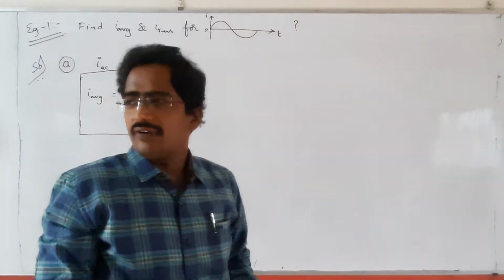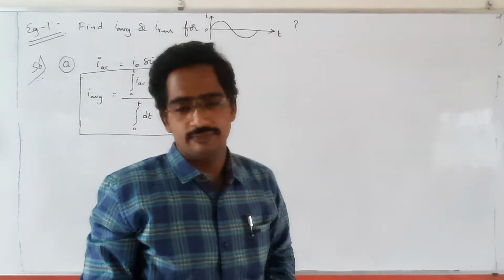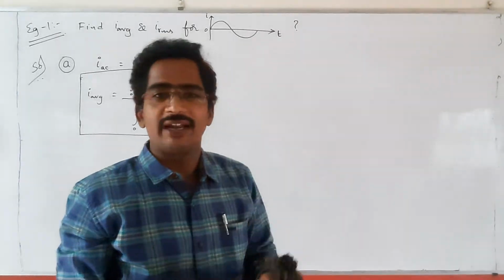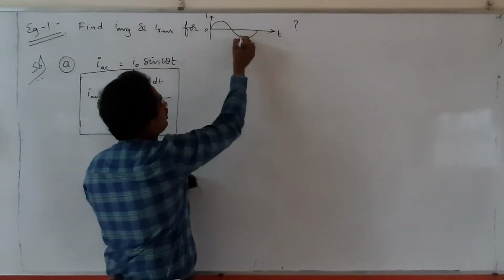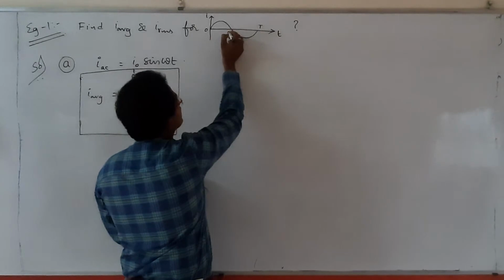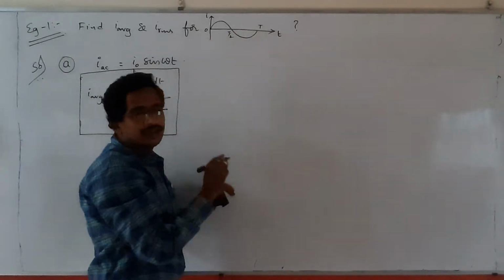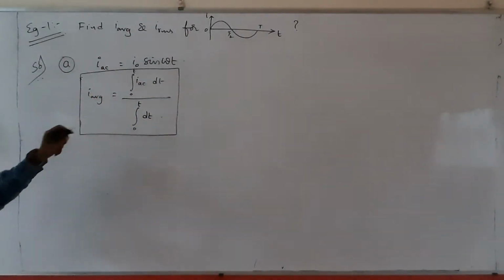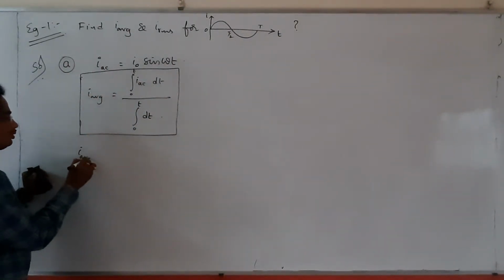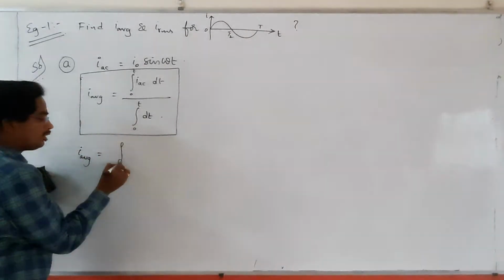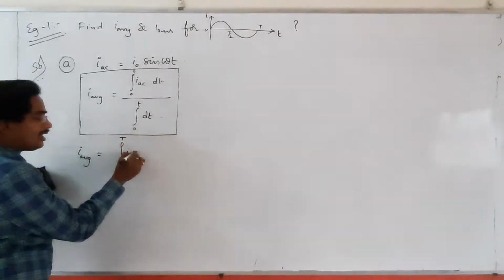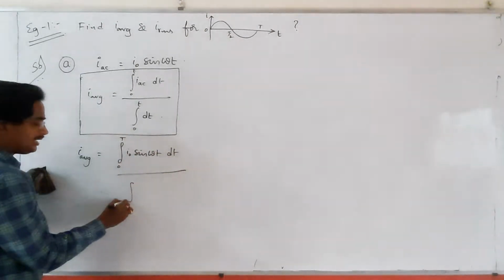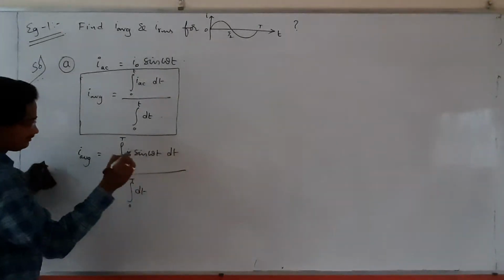Already I told you, for the production of one cycle of AC, whatever the time taken is called time period. So its total production time is T. Now if you apply that equation here, I average is equal to integral 0 to capital T I naught sin omega t dt divided by integral 0 to capital T dt.